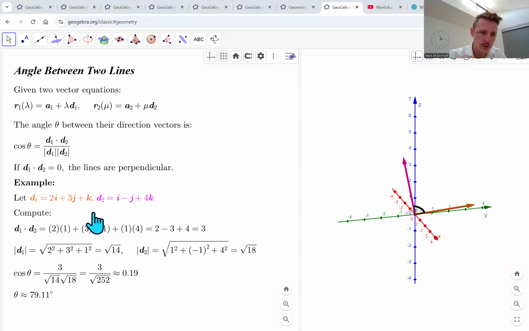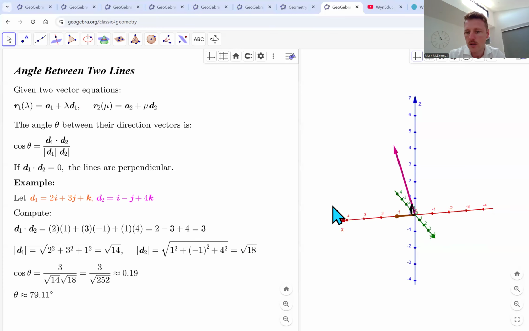Computing the dot product gives us 3. The magnitudes of D1 and D2 are the square root of 14 and the square root of 18 respectively. Cosine of theta is approximately 0.19, and taking the cosine inverse of 0.19 gives you 79.11.